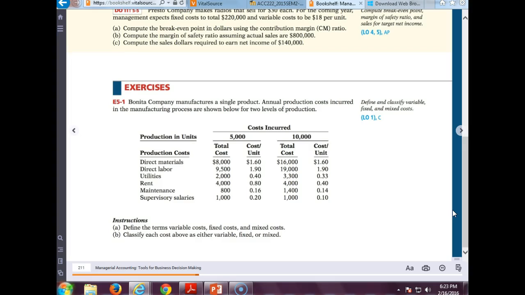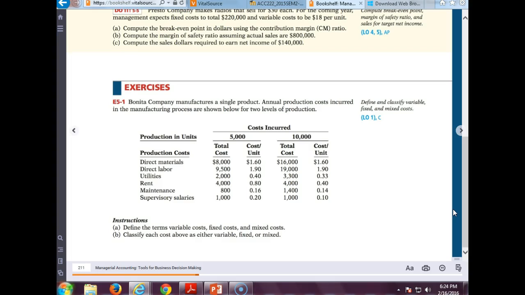So, Bonita Company manufactures a single product. Annual production costs incurred in the manufacturing process are shown below for two levels of production, 5,000 units and 10,000 units. You will know the terms variable, fixed, and mixed because you're going to get some multiple choice on those.